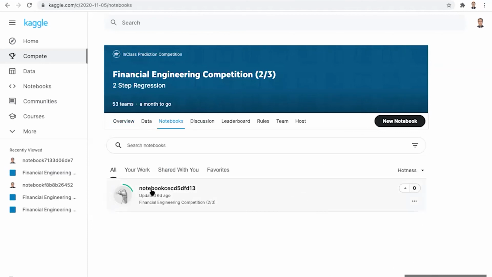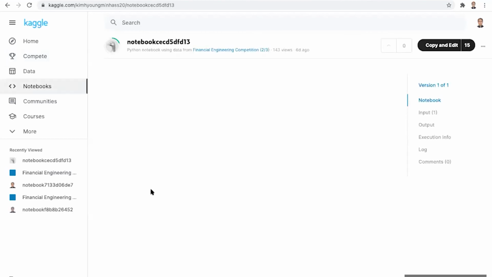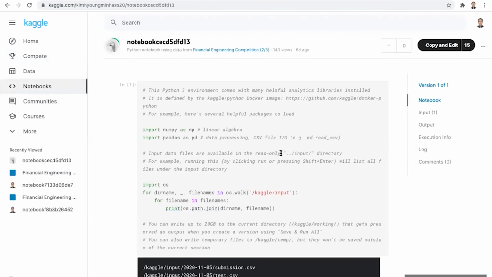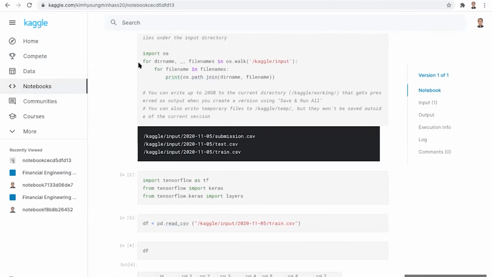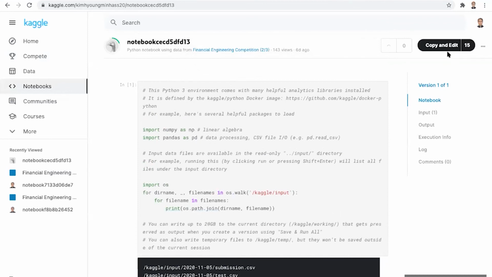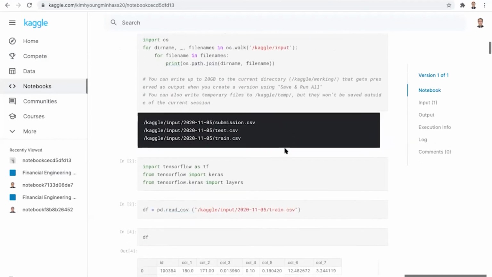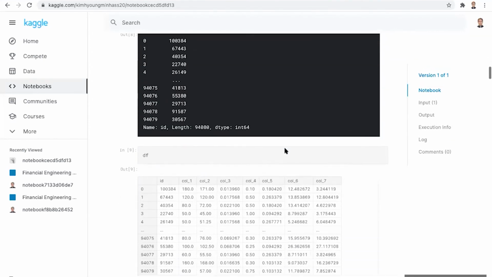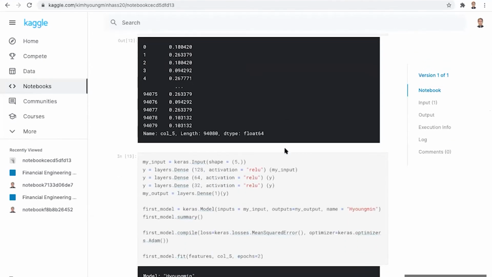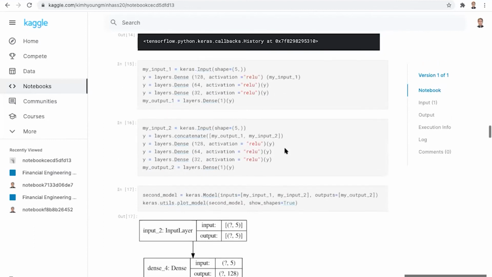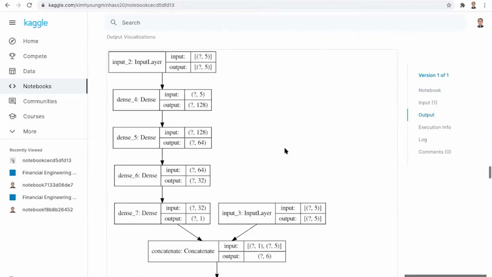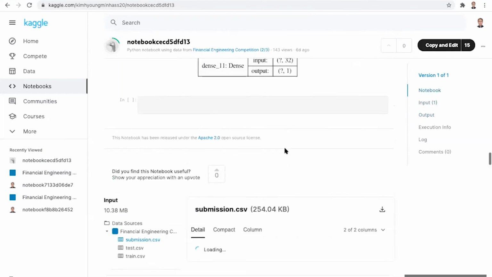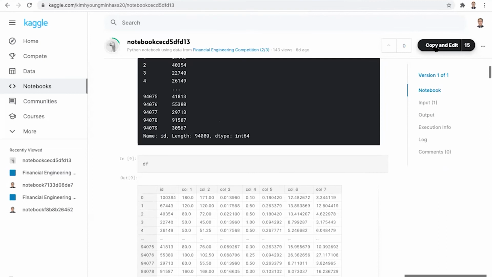Oh, there is one. This is the one that I did the last time. Okay. Is it? Did I? Yeah, I think so. Okay, copy and edit.